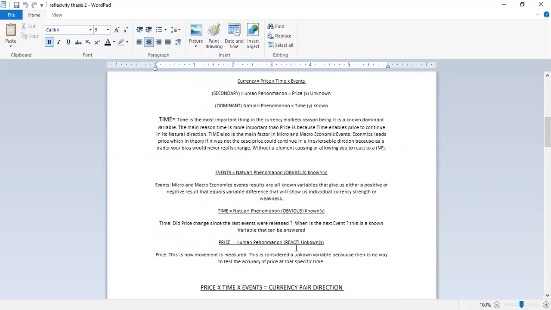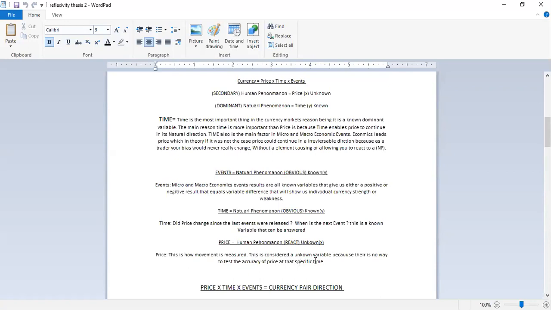Now, price, on the other hand, is a human phenomenon, which is a reaction. It's an unknown. This would be the answer, I should say. This is how movement is measured. The only reason that we have those candlesticks in the charts is that this is how we measure movement based off of the probabilities of positive and negative event results.